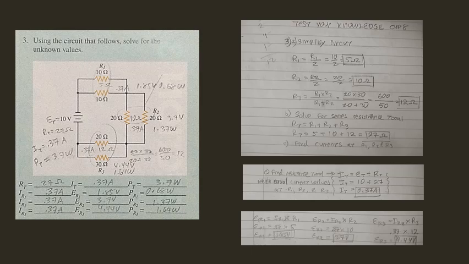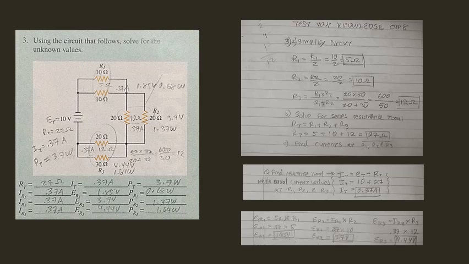We simplify R2, the twin parallel resistors. Since they are of equal value, we can use the same formula, division of one of the resistances by the number of resistors, which in this case is 20 ohms divided by 2, or 10 ohms.